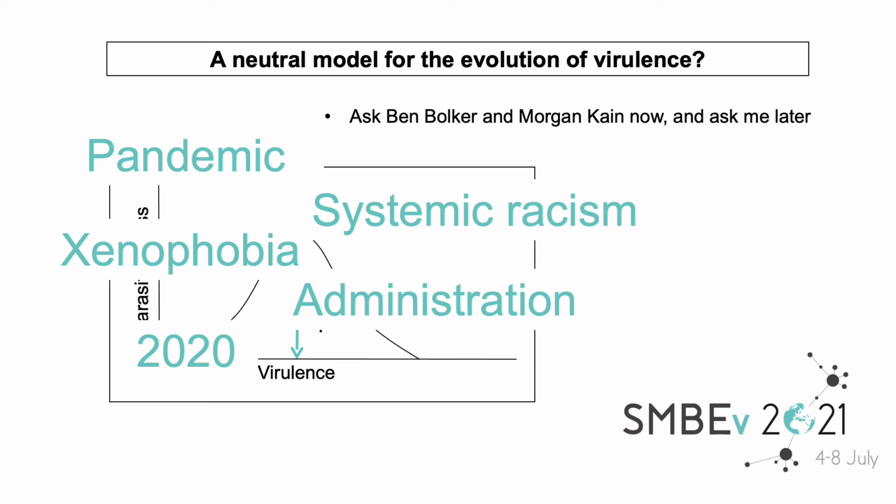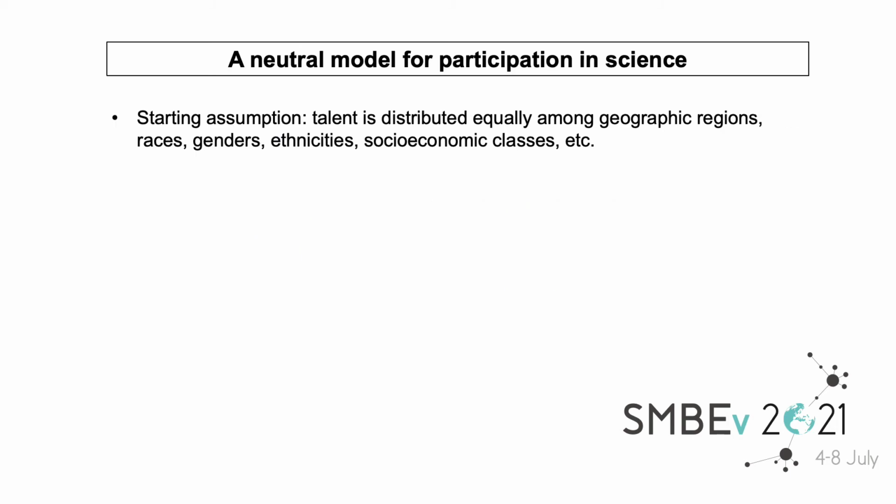For now, however, I'm going to talk to you about something very different, and that is to think about a neutral model for participation in science. Our starting assumption then is that talent is equally distributed among geographic regions, races, genders, ethnicities, socioeconomic classes, abilities, and so on.